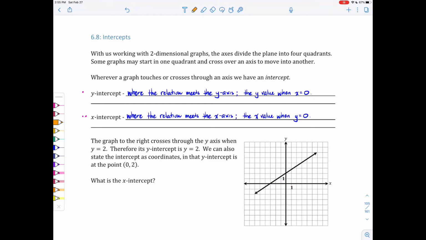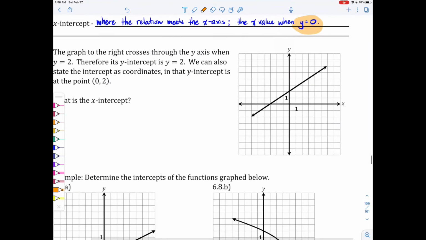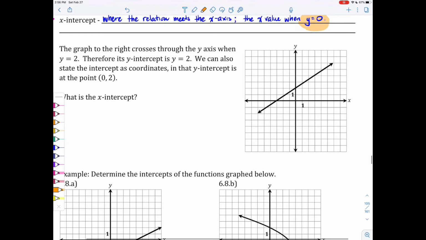So the key thing is knowing that a y-intercept occurs when x is equal to 0, and an x-intercept occurs when y is equal to 0. On graphs themselves, for a y-intercept, we can just look for where we touch the y-axis.